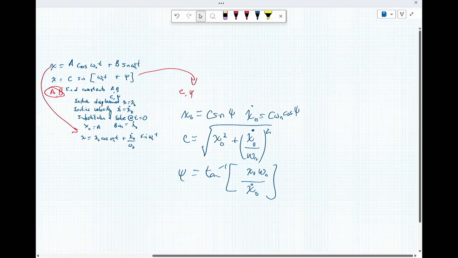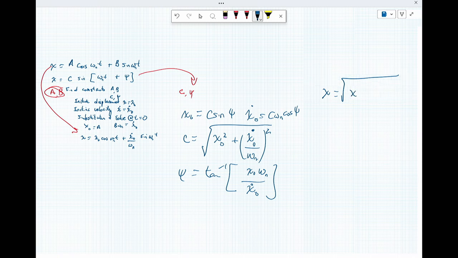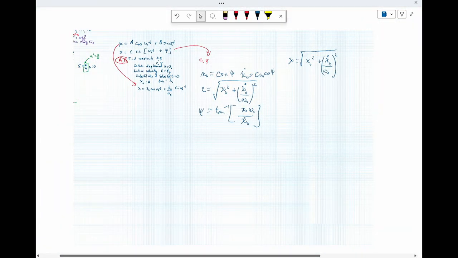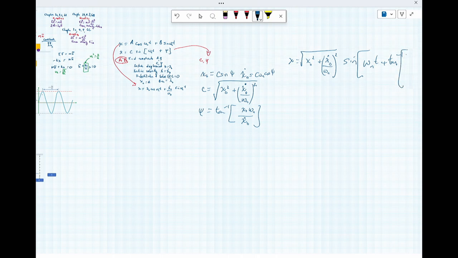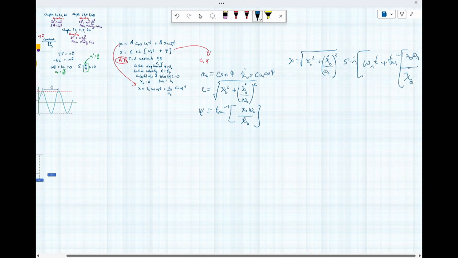If you do this, you end up with x equal to the square root of x naught squared plus (x naught dot over omega n) squared, times sine of omega n t plus inverse tan of x naught omega n divided by x naught dot, and that mess is the same thing.